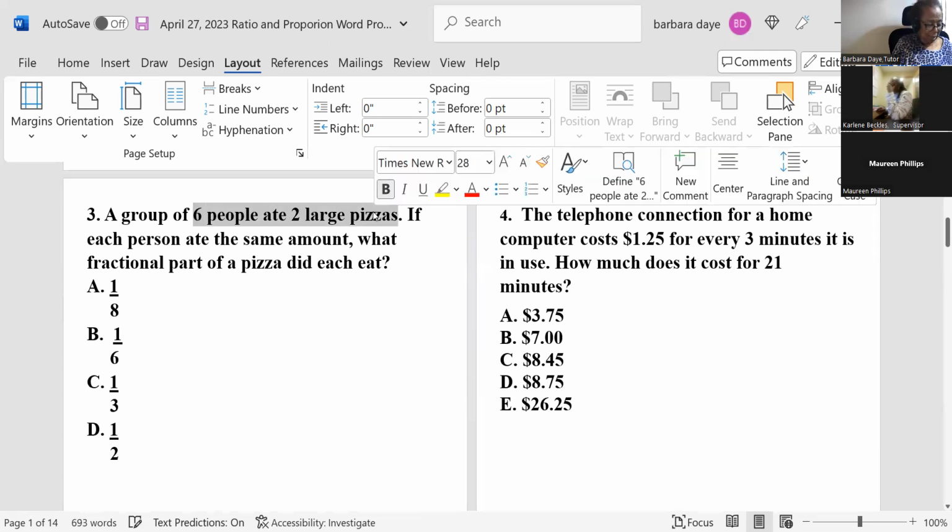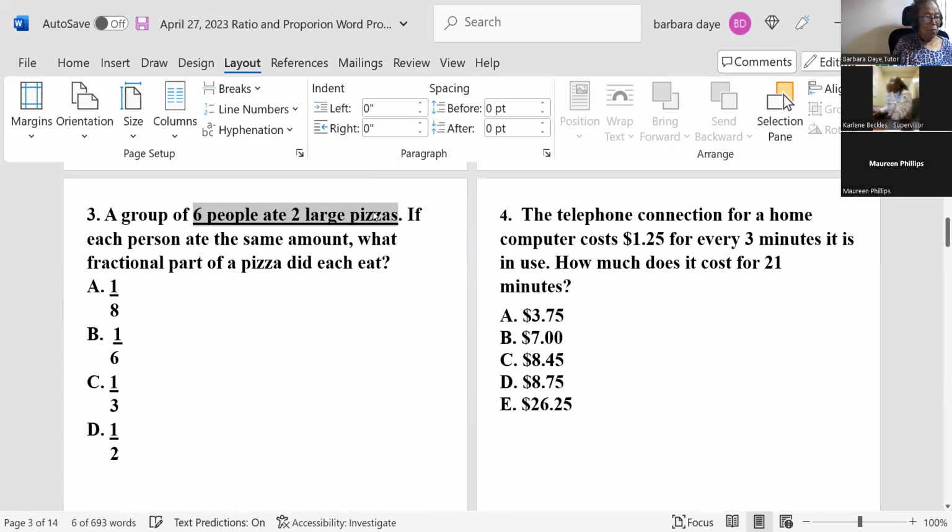You know you need that. Now, each person, and you look at the fractional part of pizza that each ate.